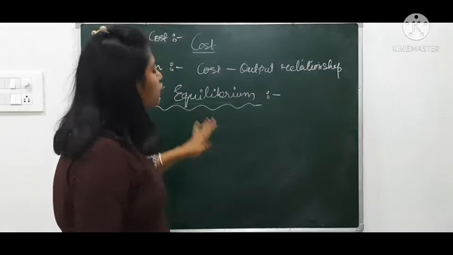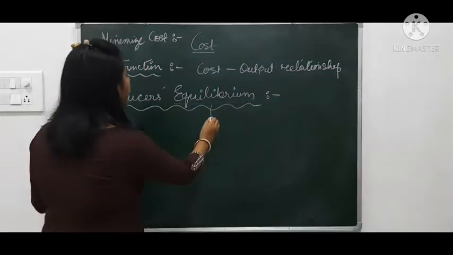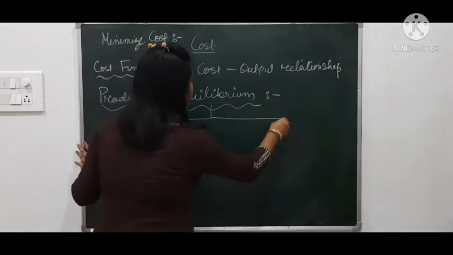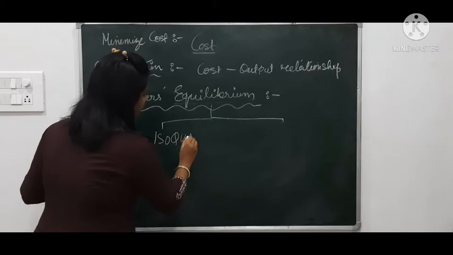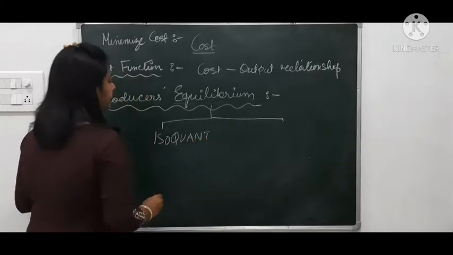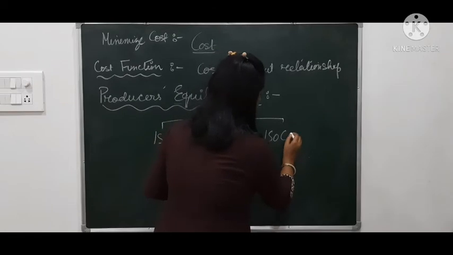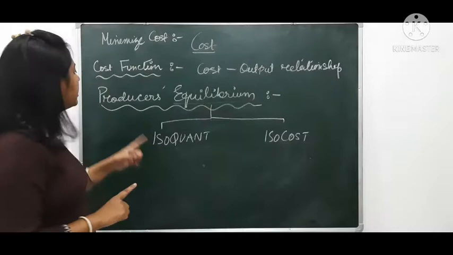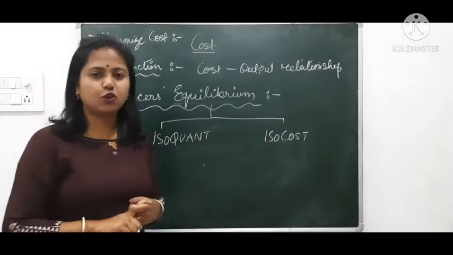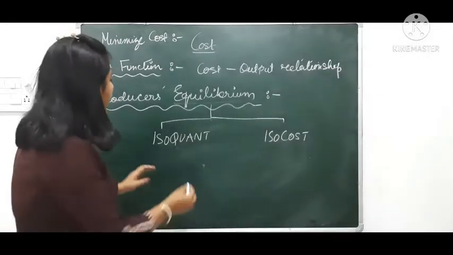In order to know the producer's equilibrium, we have to know two things. One is iso-quant, and another is known as iso-cost. These two concepts will help you identify the point of producer's equilibrium. So let us begin our discussion with iso-quant.